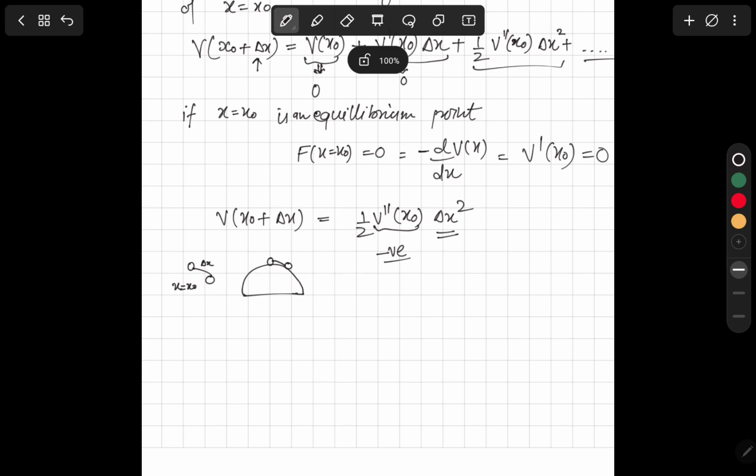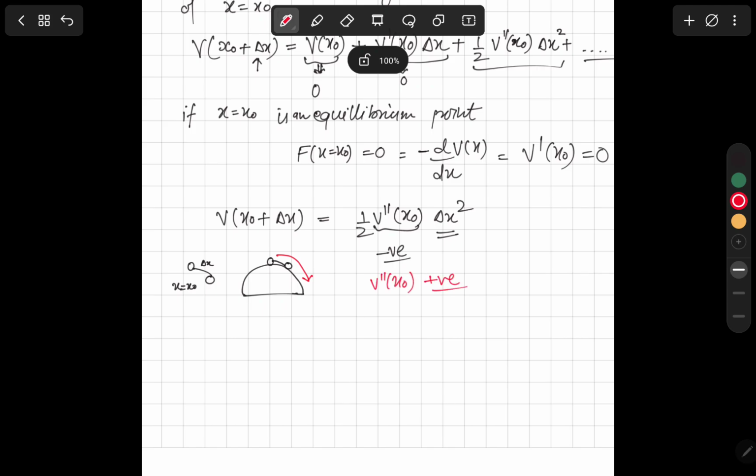So under such condition, the particle will not do any oscillatory motion, it will just follow this trajectory and fall off. Okay, but what happens if v double dash of x naught is positive?